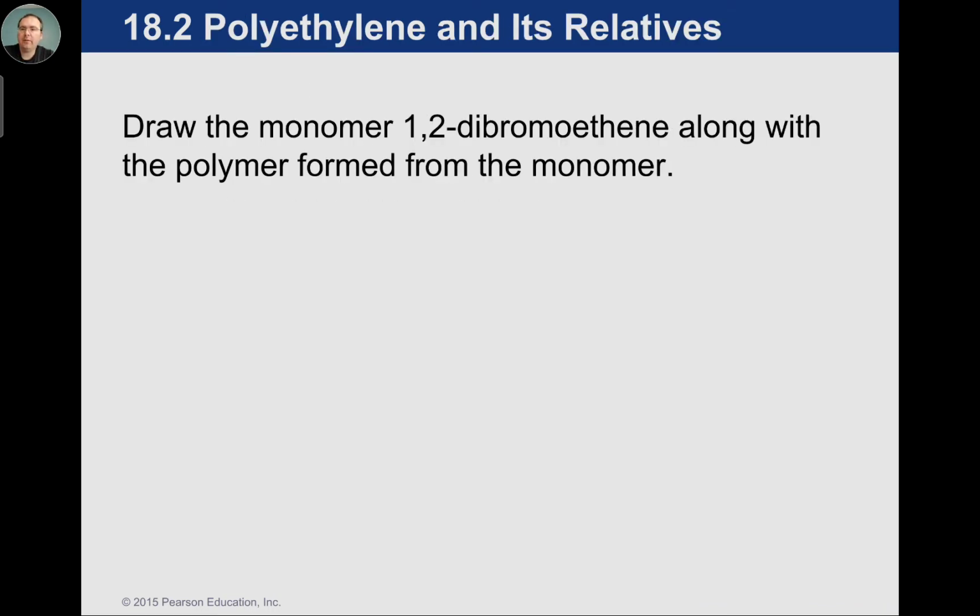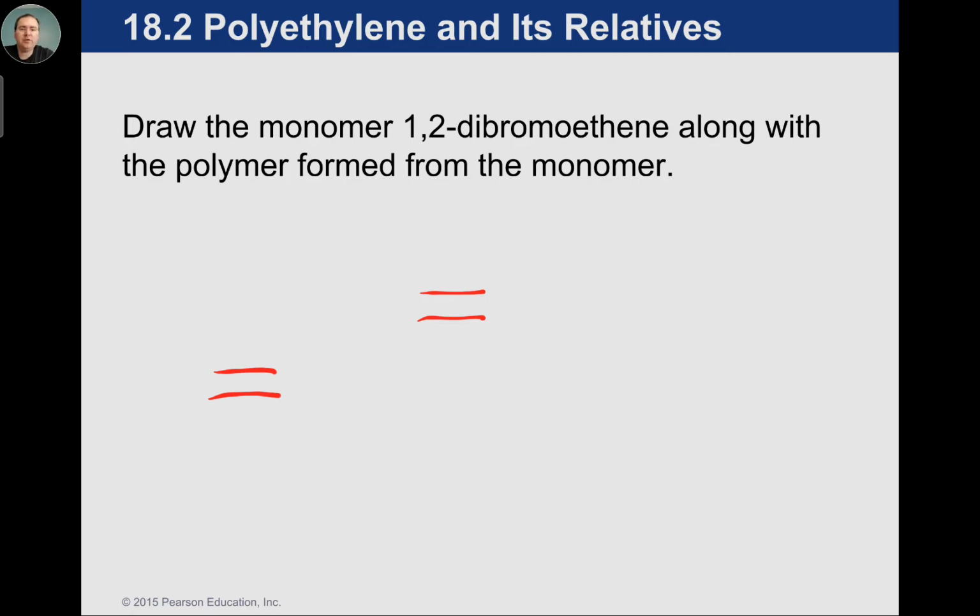So as we look at a new example, we see 1,2-dibromoethene. So notice this is an ethene. It has to be in order to be based on an addition polymer. So if we have an ethene, we can draw eth and ene. Eth is 2 carbons. Ene is double bond.